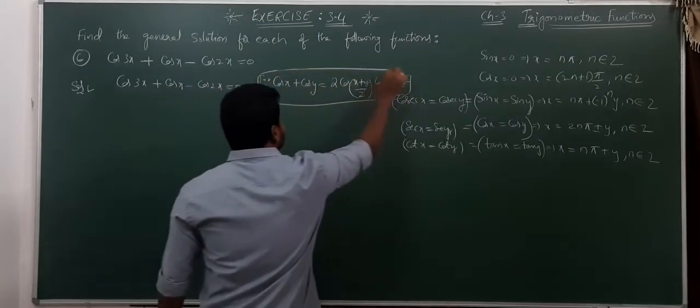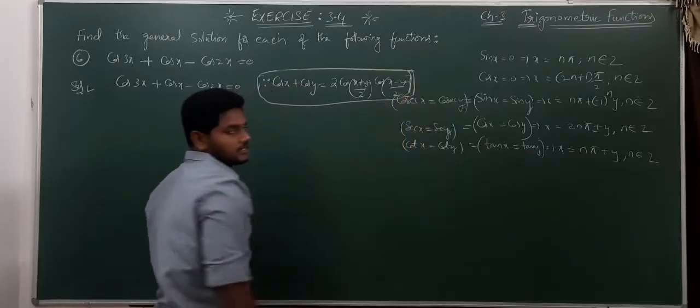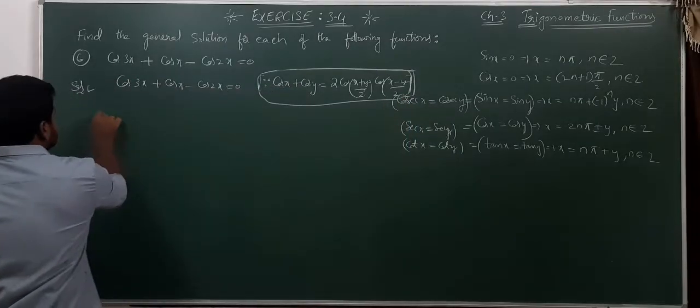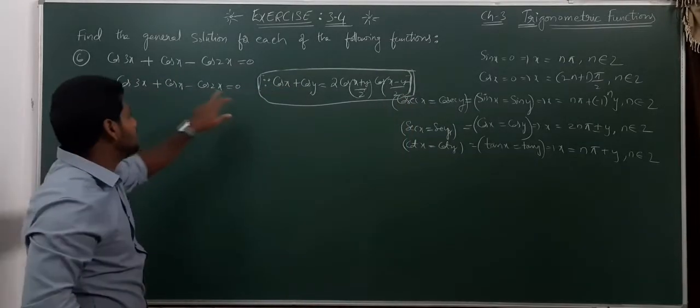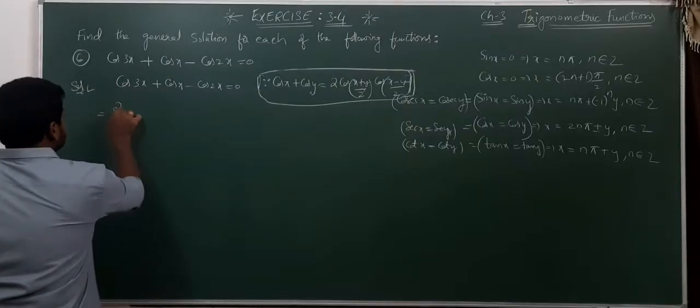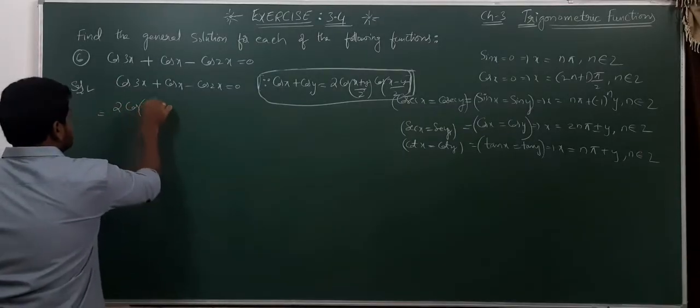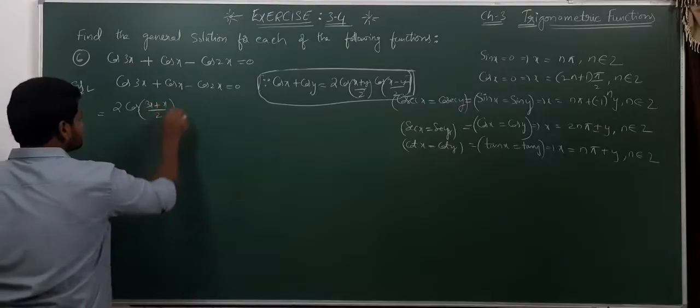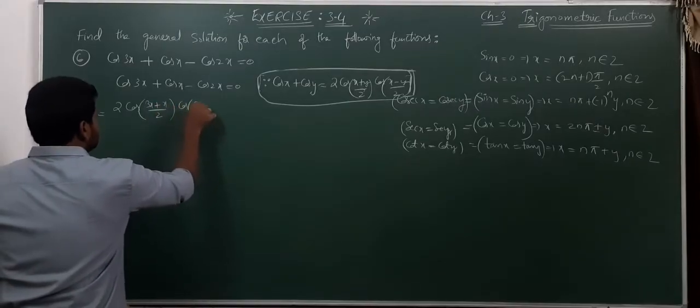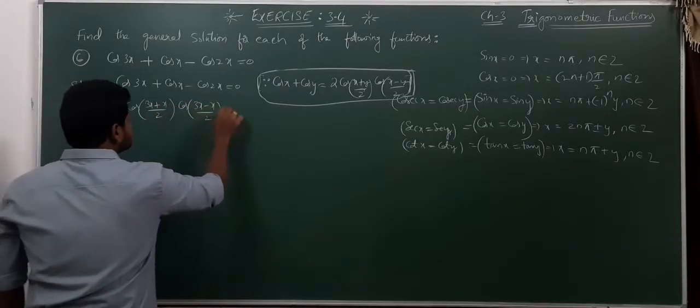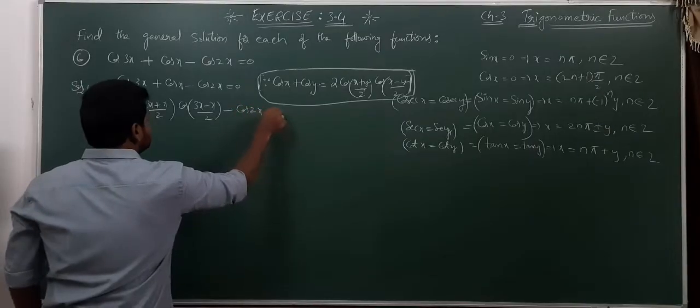So we will substitute here. Here x is 3x we will consider, y is x we will consider. So it will be 2 cos of (3x plus x) by 2 into cos of (3x minus x) by 2, minus cos 2x equal to 0.